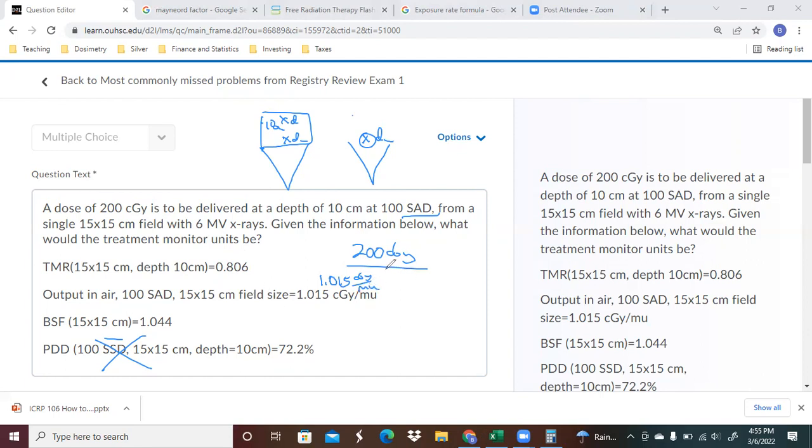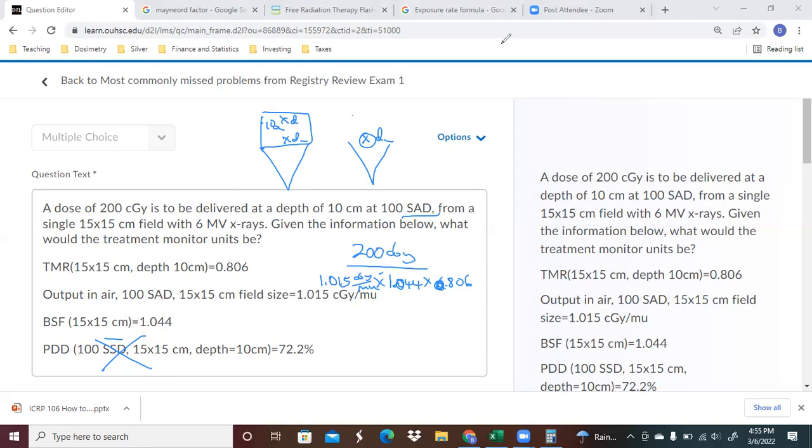So we're going to be using that. We're going to have to multiply that by the backscatter factor, 1.044, in order to be able to get the dose from air into the dose at Dmax. And then we have to multiply that by the TMR, which is 0.806, and that gets us the dose at a specific depth. So we got a lot of factors here that we're going to be multiplying by.